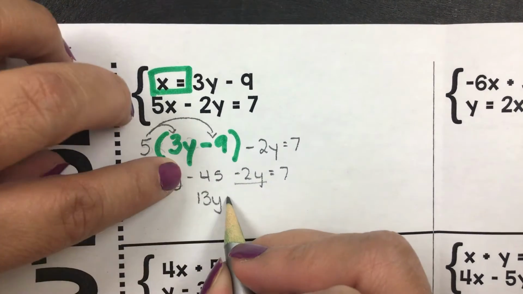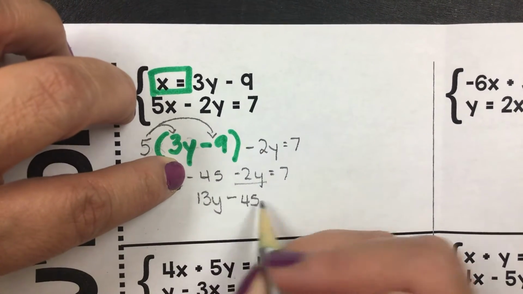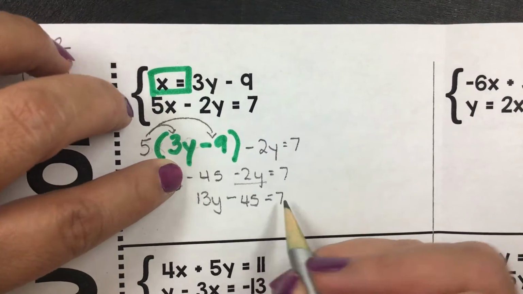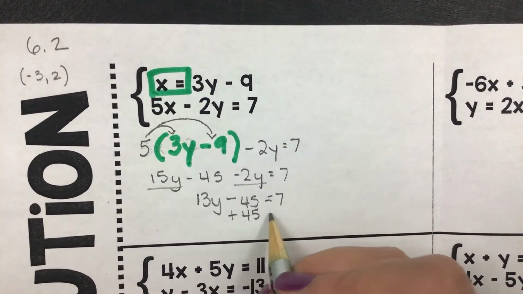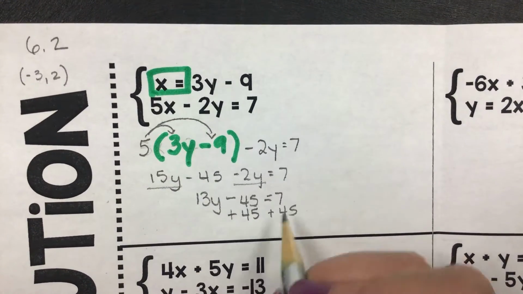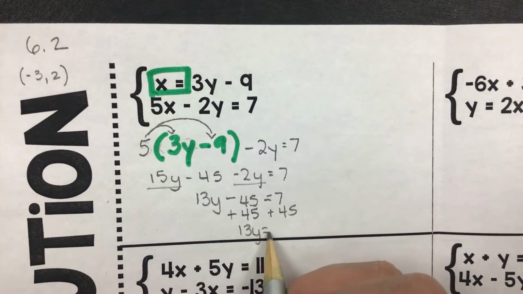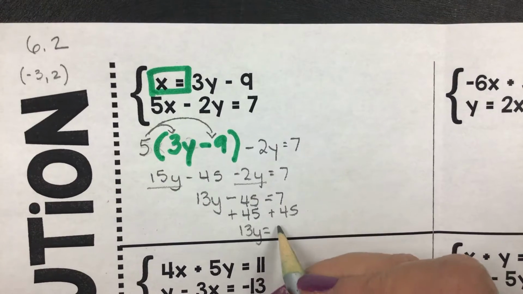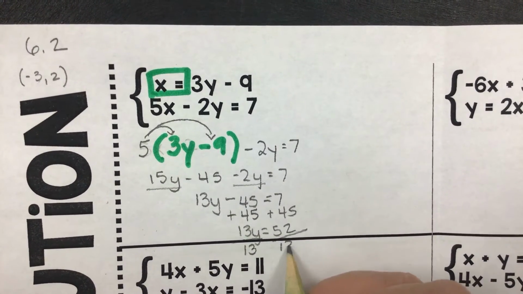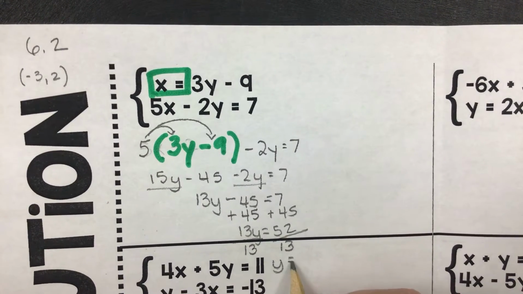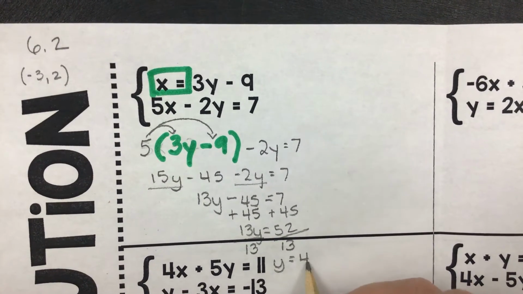We're going to write down that minus 45 again is equal to 7. Now we're going to add 45 to both sides. 13y is equal to 52. We're going to divide by 13 on both sides. y is equal to 4.